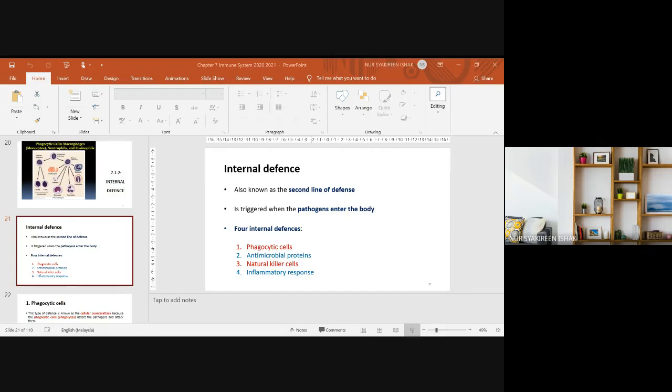And also the lysosome produces nitric oxide, which is a free radical, and other gases that will poison the pathogen. Okay, so it poisons the pathogen first, and then the enzyme within the lysosome, which is lysozyme, and other enzymes will degrade the bacterial cell wall.